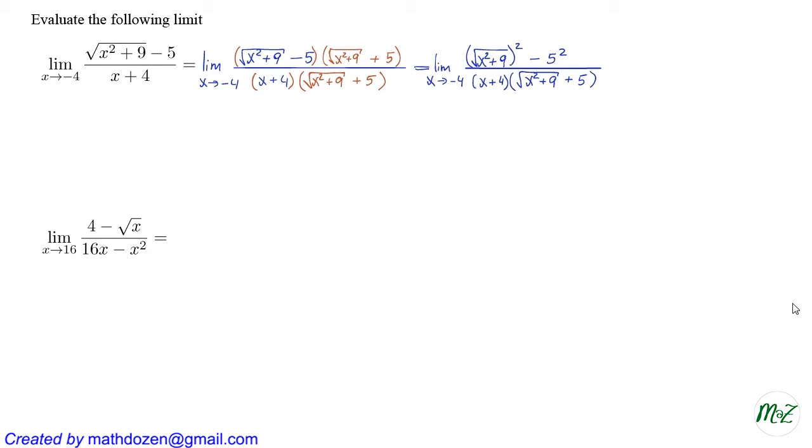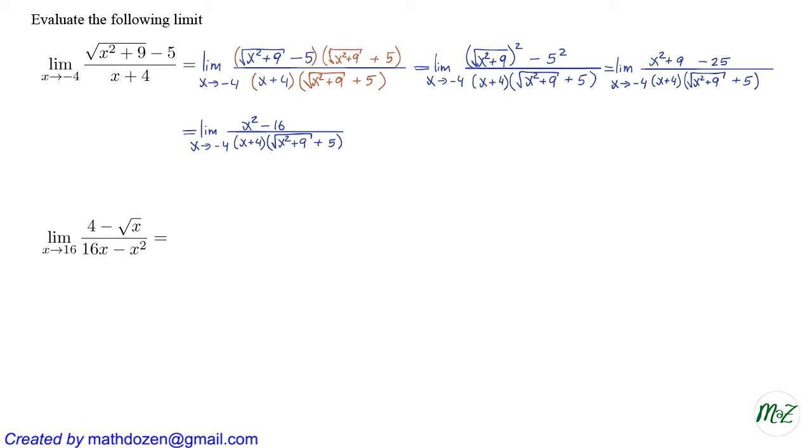Okay, and if you simplify the square root squared, you end up having x squared plus 9, and then 5 squared is 25. So in numerator we have x squared plus 9 minus 25. And I'm not doing anything with denominator. So then x squared plus 9 minus 25 simplifies to x squared minus 16.